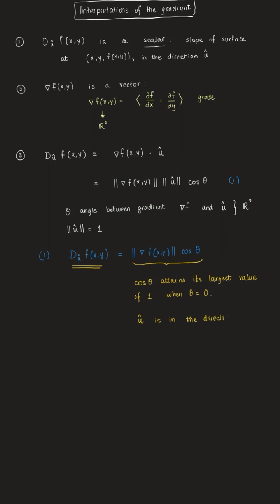The angle between them would have to be 0. That's going to give us the largest value for our directional derivative when u is in the direction of the gradient.